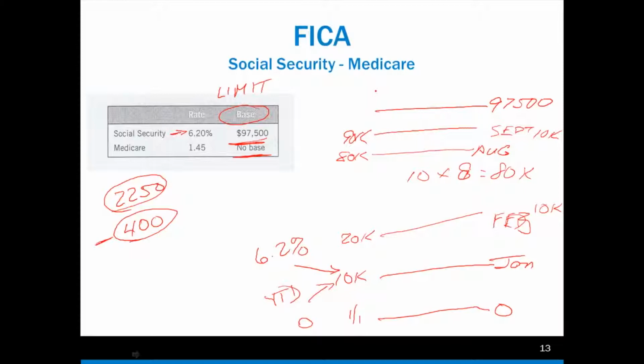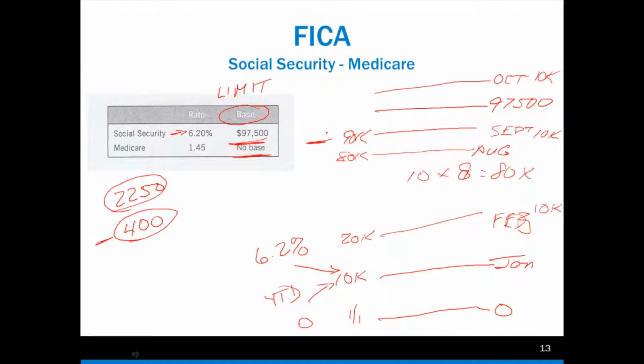Now, you're going to get paid in October. Okay, an additional $10,000. Now the question comes, how much of this $10,000 is taxable? Well, it's anything below that limit. So your year-to-date, and this is the important part, your year-to-date was $90,000 before you had the paycheck.